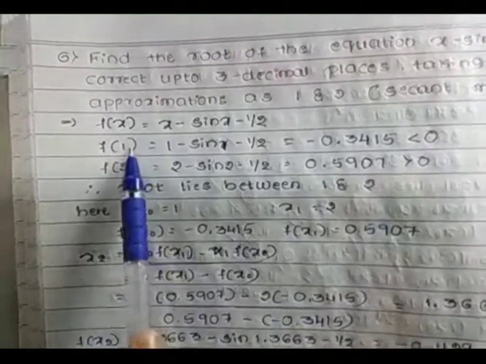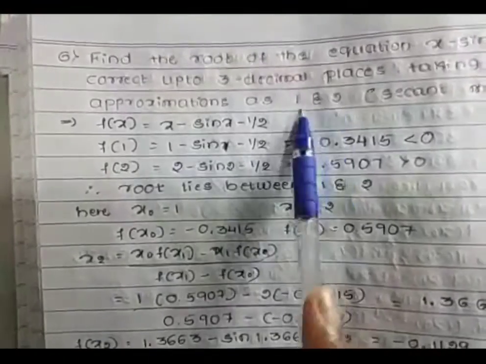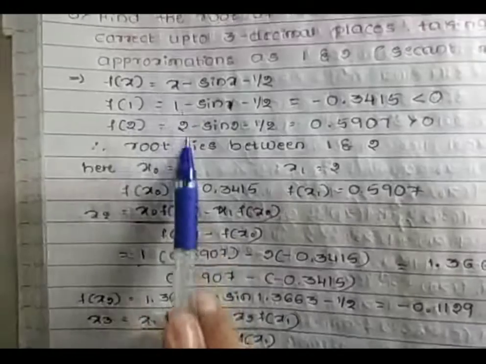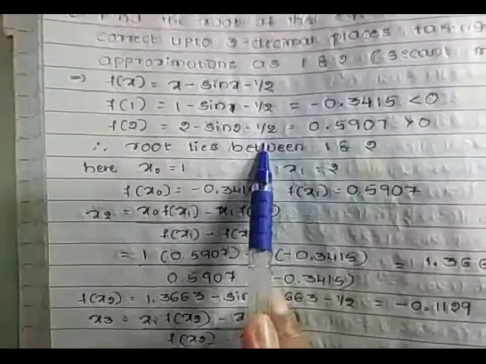Then next, replace x value using 2, because the initial two approximations are 1 and 2. Already it is mentioned in the question that initial approximations are 1 and 2. So replace using 2, then this is 2 minus sine 2 minus 1 divided by 2.